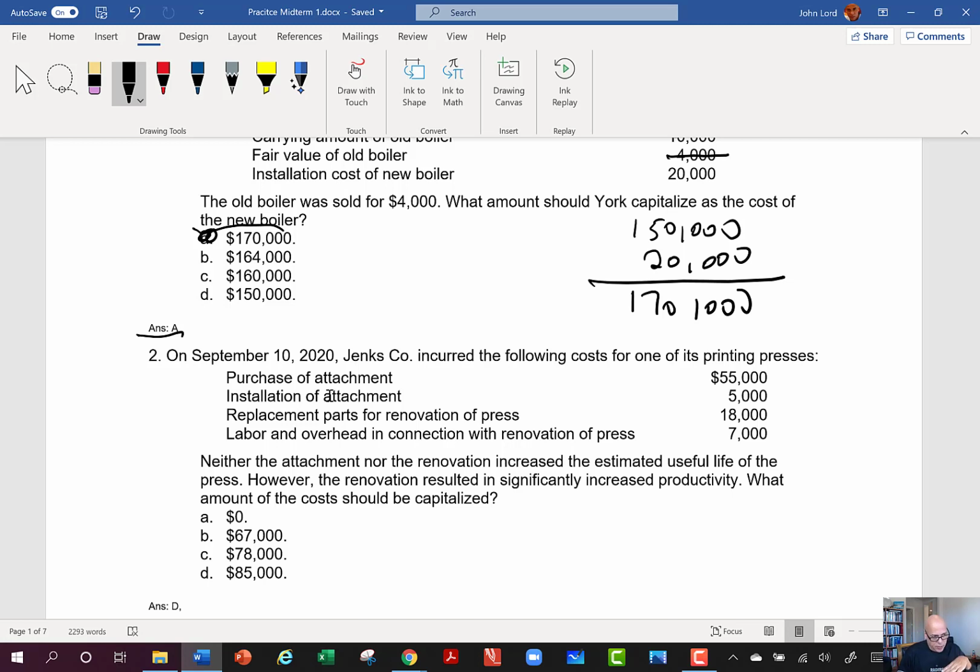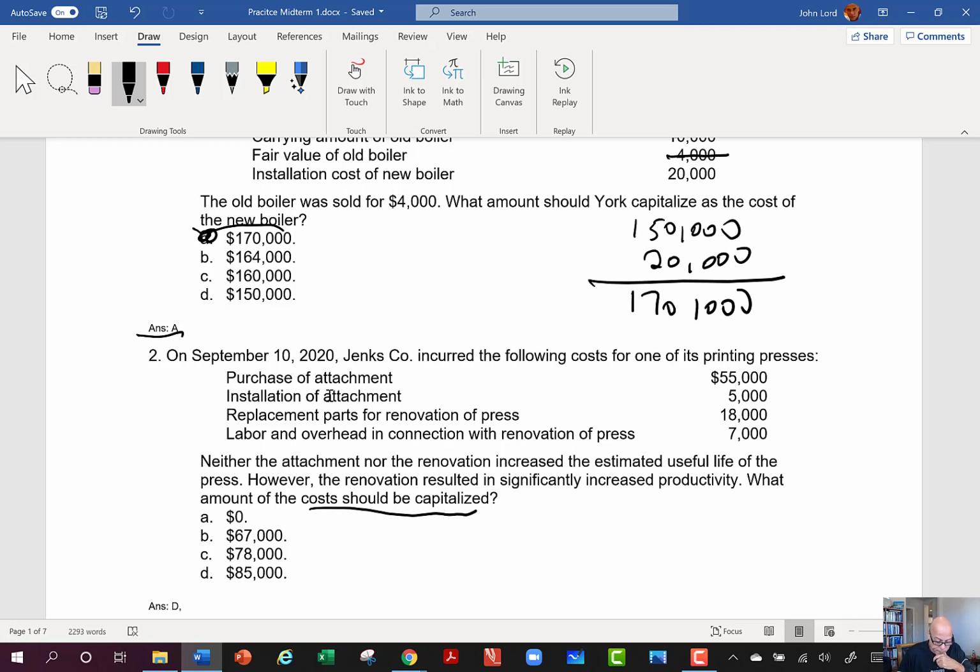So if we increase the productivity of an asset, we're going to capitalize that to the asset account. If they had told us that it increased the life, then instead of debiting the asset account, we would have debited the accumulated depreciation. We don't need to worry about that here because they're asking us how much should be capitalized, so it's important that they told us should be capitalized, not debited to accumulated depreciation here.